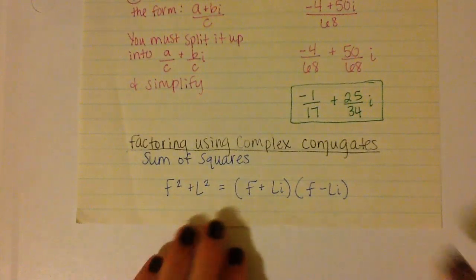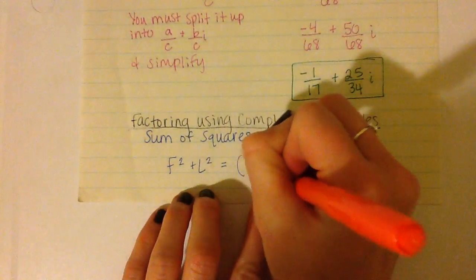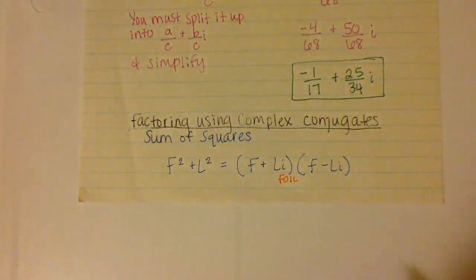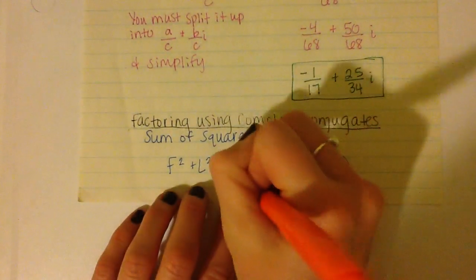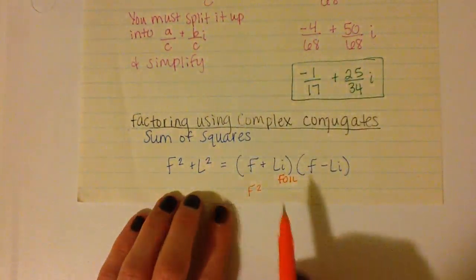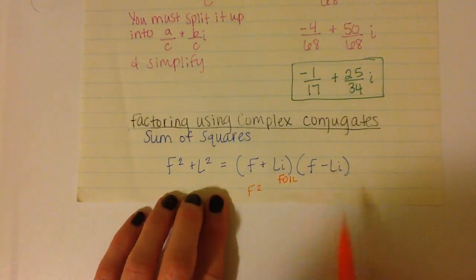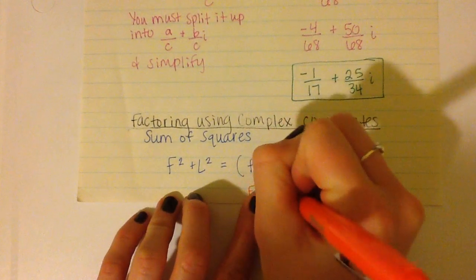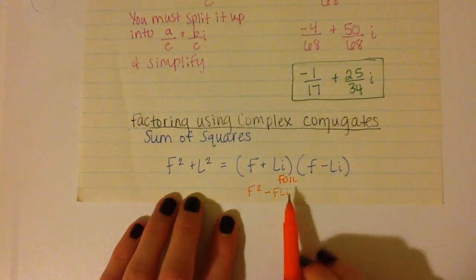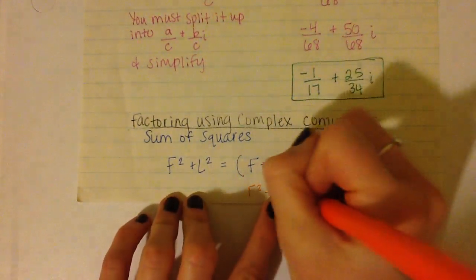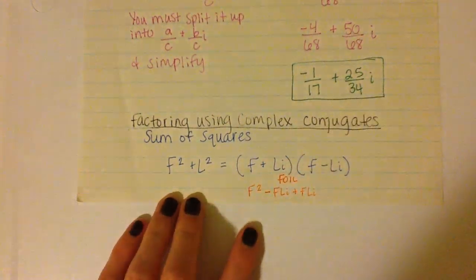And if we were to check this by FOILing, you'd get your first, f times f is f squared, your outside, f times negative li would be minus fli. Inside, so li times f would be a plus fli.